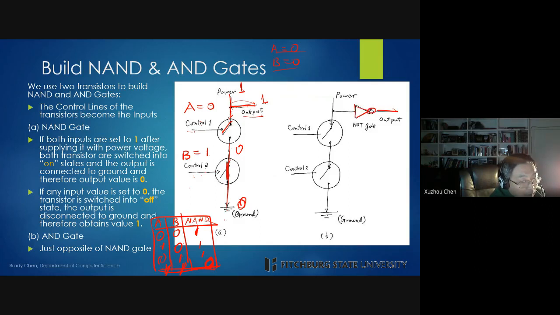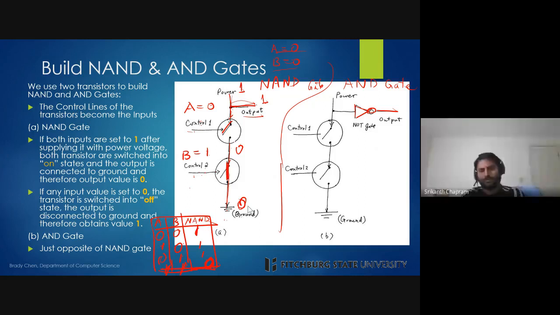Then this is going to reverse the value, so this is going to be the AND gate. And this is the NAND gate, the left side. So this is how you build the NAND gate and the AND gate.